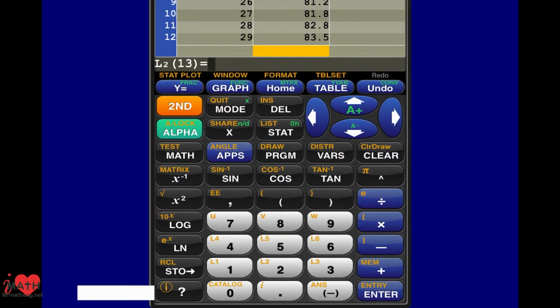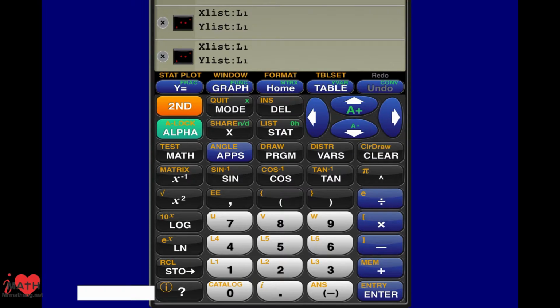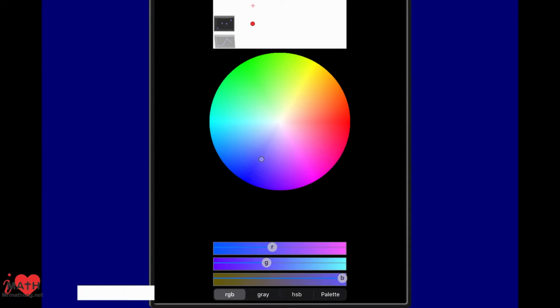And the reason why this one has issues with graphing, just want to show you, second, y equals, and then when you click on the first one where it says list 1, list 2, L1 to be X's and L2 to be the Y list, you can't see anything in the column of X list and Y list, but if you move your finger, you'll hear this dial, and you change it, but you can't see it. That's why I didn't like it.